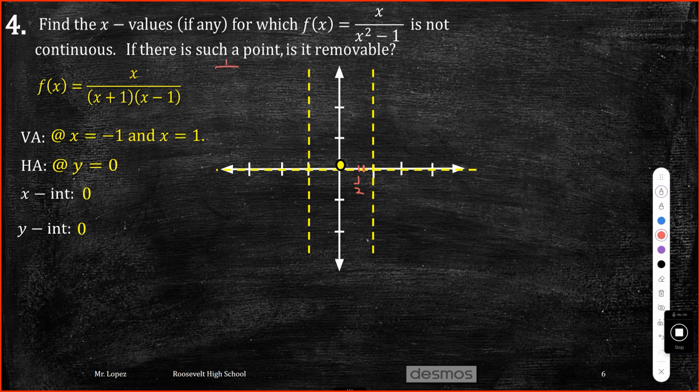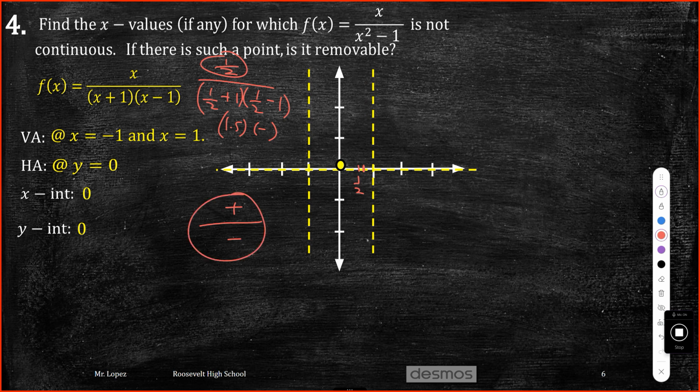So if this is positive 1/2, this is 1/2 plus 1, and you have 1/2 minus 1. So this is still going to be positive on top, some positive number. At the bottom is going to be 1.5 times some negative number. So this is going to be a negative.